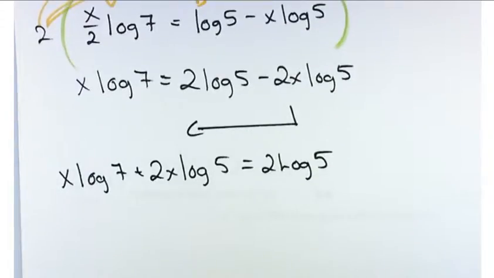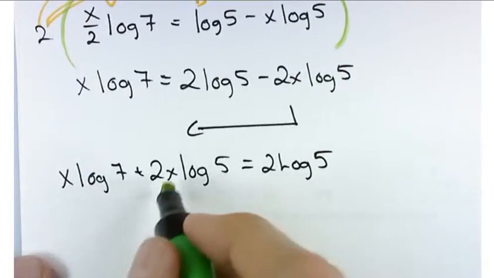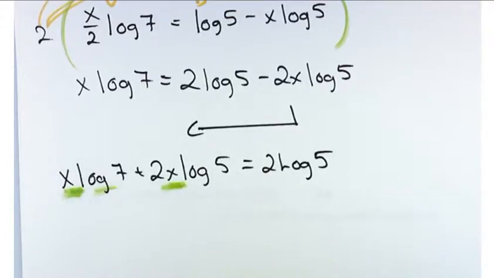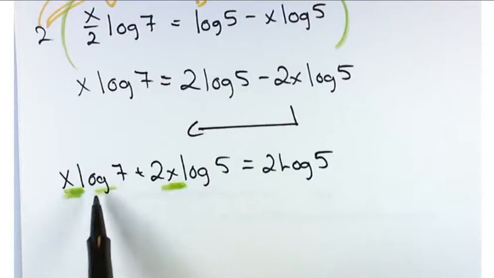Now what's nice is that I've got all the x's on one side, here and here. But what's not nice is I don't have the x's together by themselves yet. I want just one x. I don't want x here and there and everywhere. I want one x. So here's the second trick. Well, we can't really combine these because these aren't the same term.